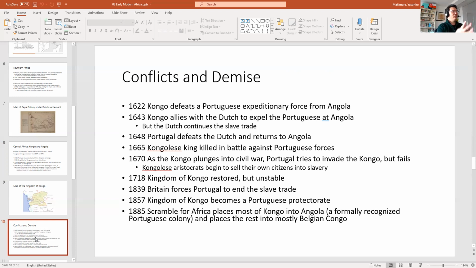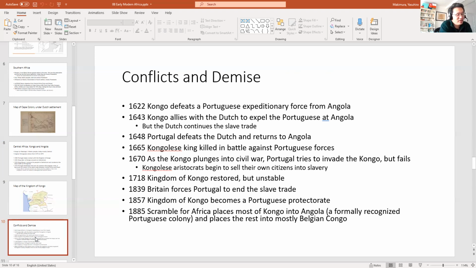All right, so what happens in a conflict between the Congolese and the Portuguese? Well, as relations sour, the Portuguese decide to see if they can actually defeat the Congolese and impose their will. But in 1622, when that Portuguese army comes to the Congo, the Congolese army is able to defeat the Portuguese.